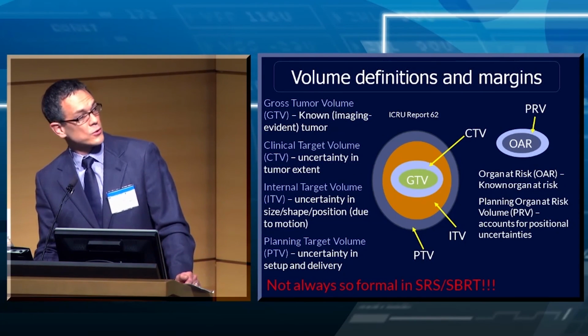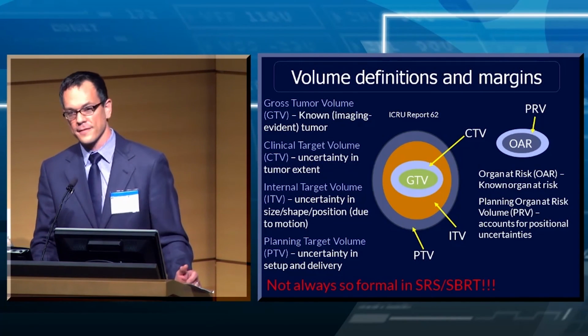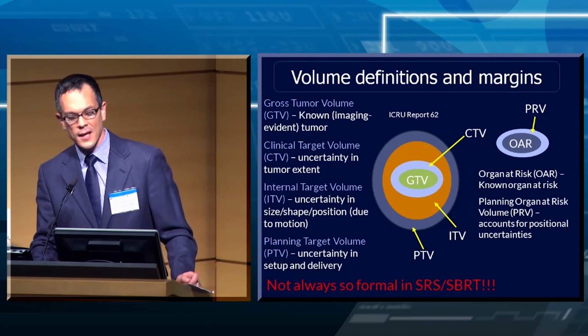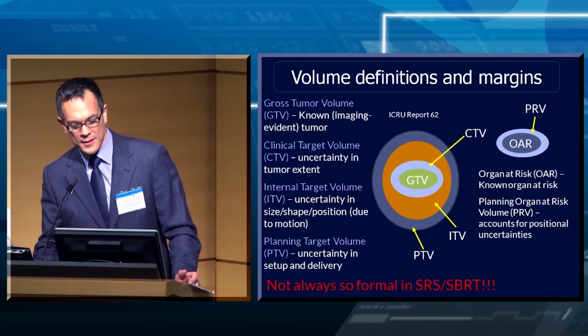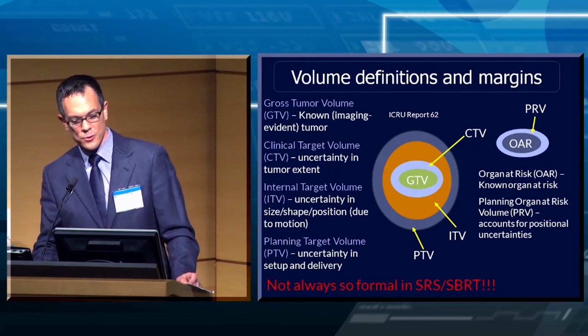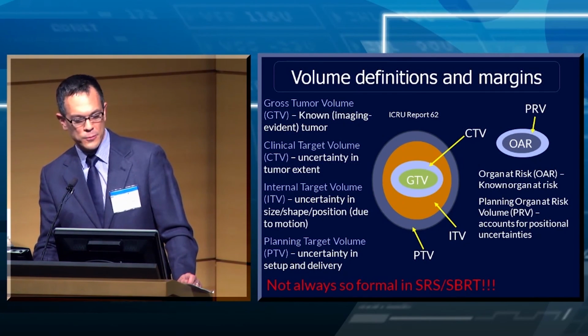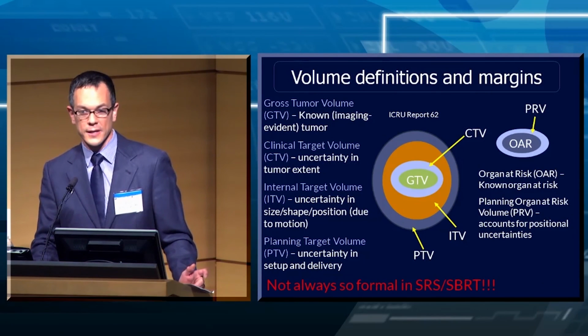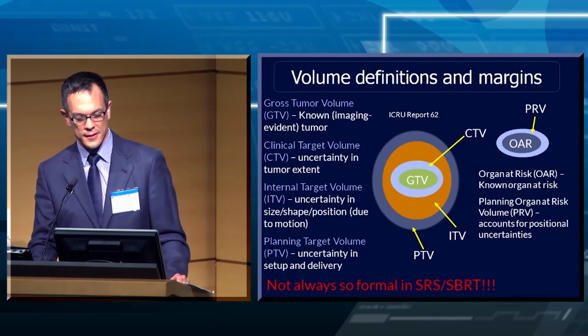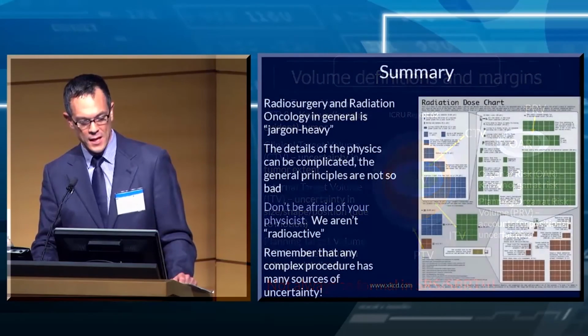But in radiosurgery, these aren't so formal, and in fact, a lot of the time we don't use them. But especially for spinal radiosurgery, you'll hear these terms thrown around. The other thing you need to know is that nobody really knows what the right margins should be for radiosurgery, but it's just something to keep in mind because you'll hear about it all the time.